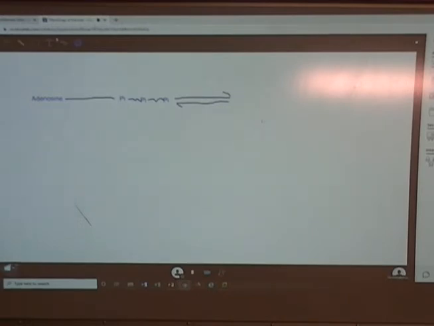So this time I'm not going to write out the whole word. We're going to have A, P, P, P, and this time we've got an energy bond, and we've released the energy bond here.